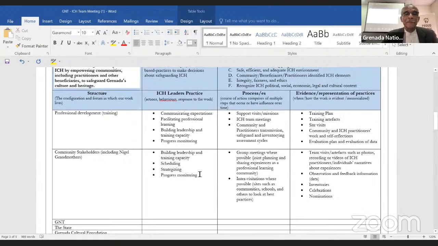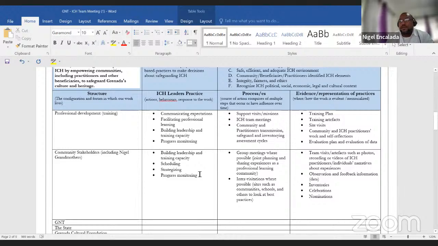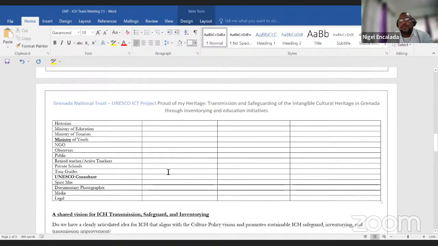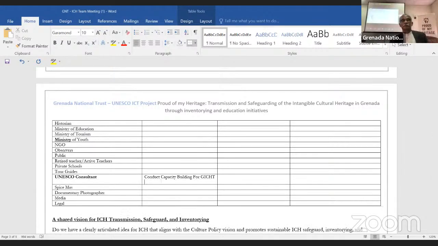So I'll say GICHT for the Grenada, let me try and develop a thing here, Grenada Intangible Cultural Heritage Team.